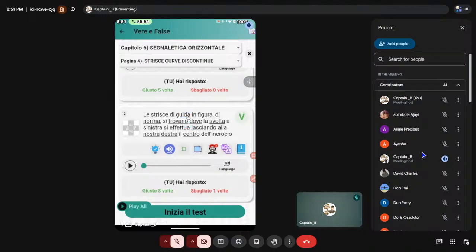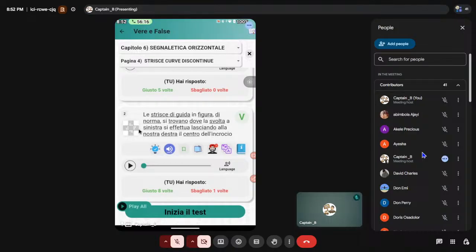Le strisce di guida in figura, di norma, si trovano dove la svolta a sinistra si effettua lasciando alla nostra destra il centro dell'incrocio. Attention. The strisce di guida, which is the white driving line, in figure, normally, I've explained how it functions normally. You must stay where?